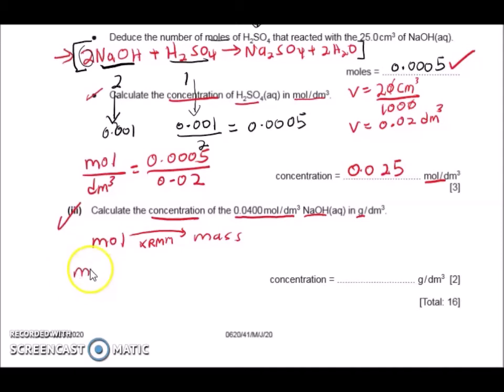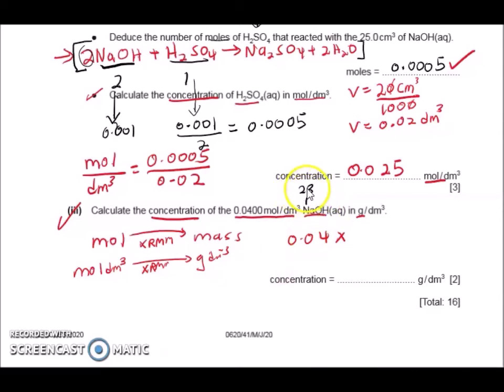So we have mol/dm³ and we have to change to g/dm³, right? So we have to do the same thing, multiply with RMM. So here 0.04 multiplied by the RMM.